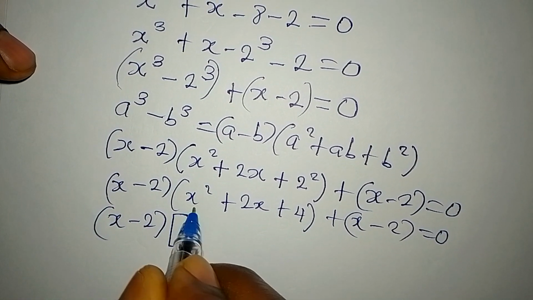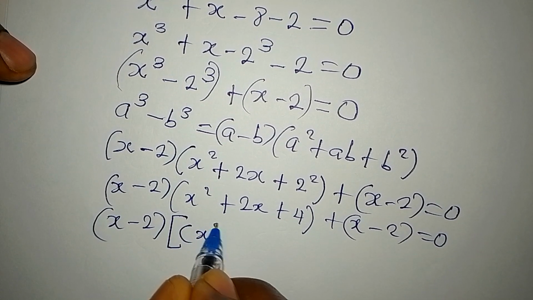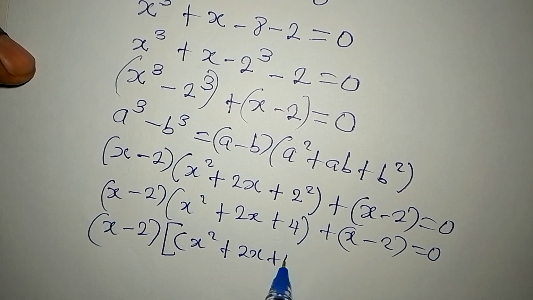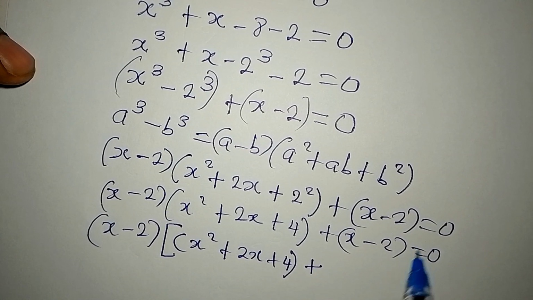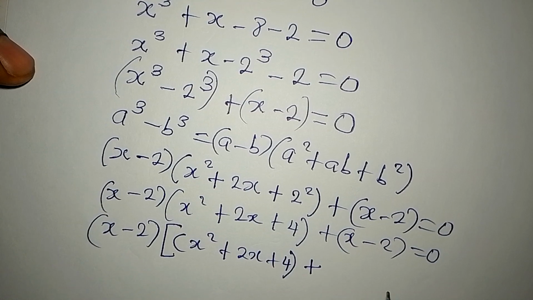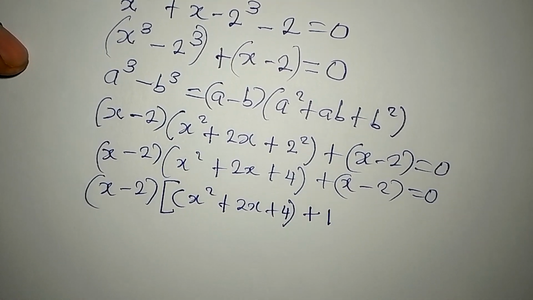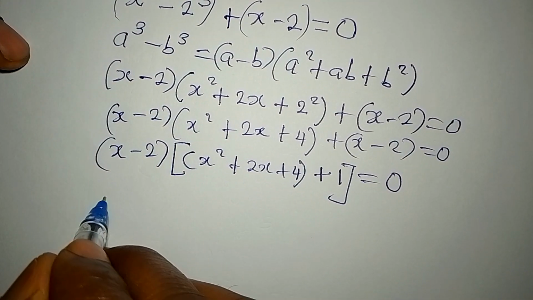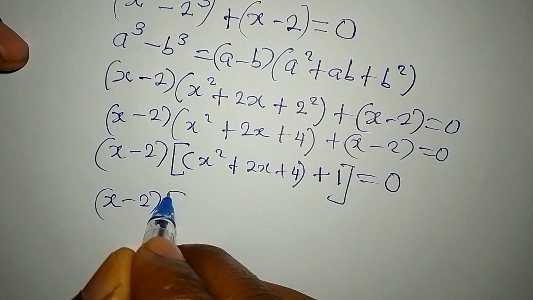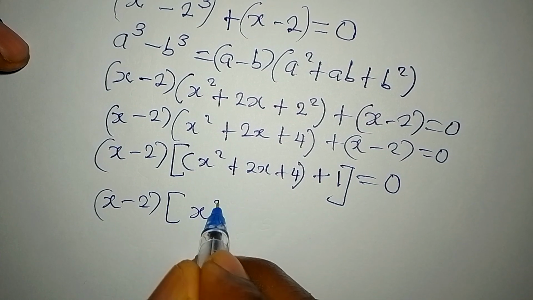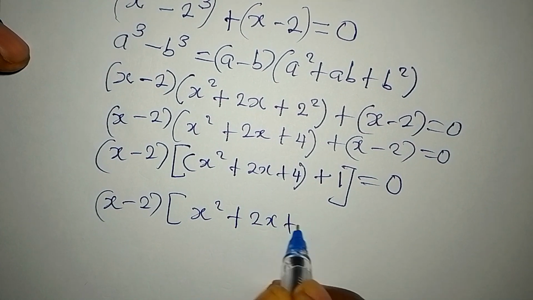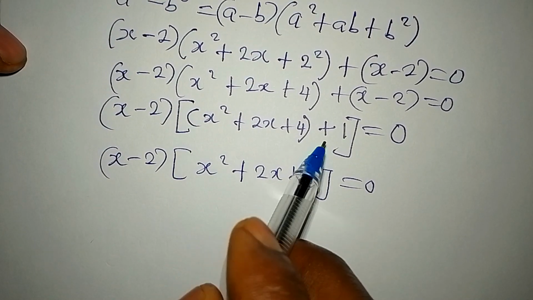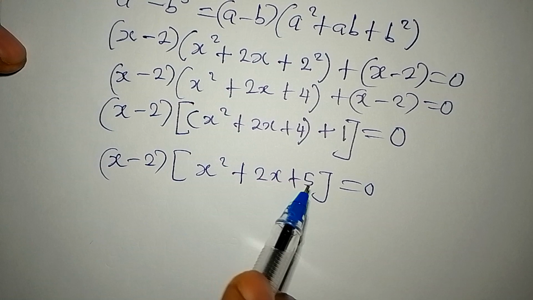Then in here, I'll have open bracket, I'll have x squared plus 2x plus 4. Then I have plus x minus 2 divided by x minus 2 is 1, right? So I can now close the bracket and equate to 0. So we have x minus 2 here. Then in here I'll be having x squared plus 2x plus 5 equals 0. This is because if you open the bracket, 4 plus 1 will give 5.